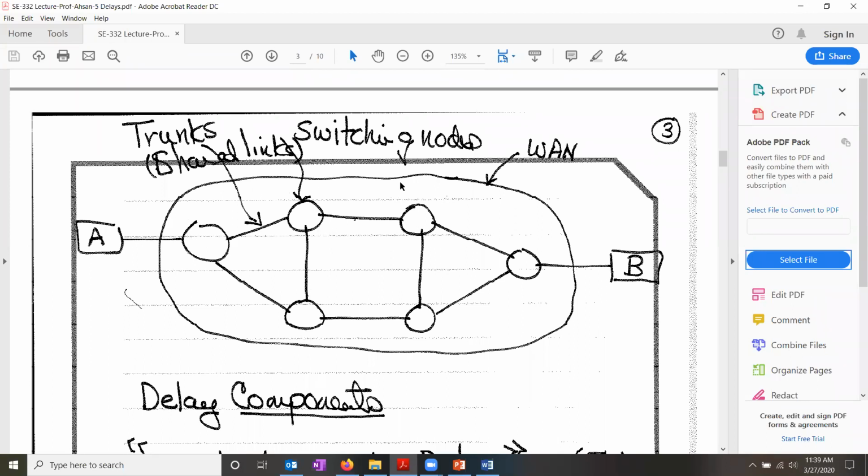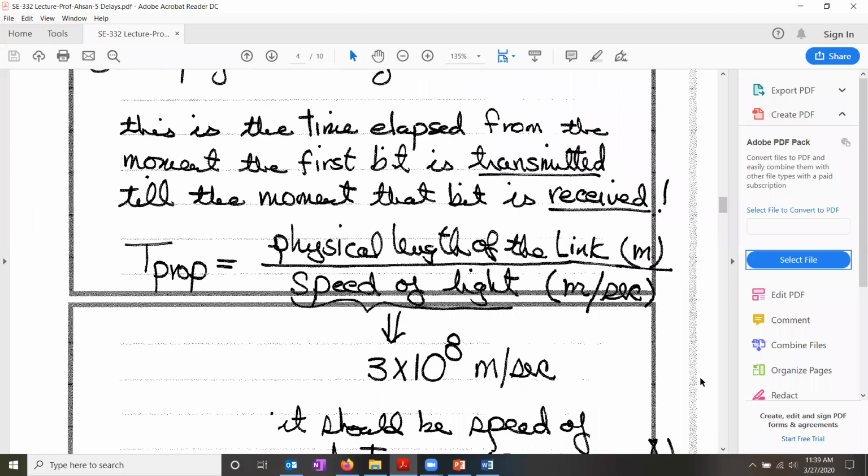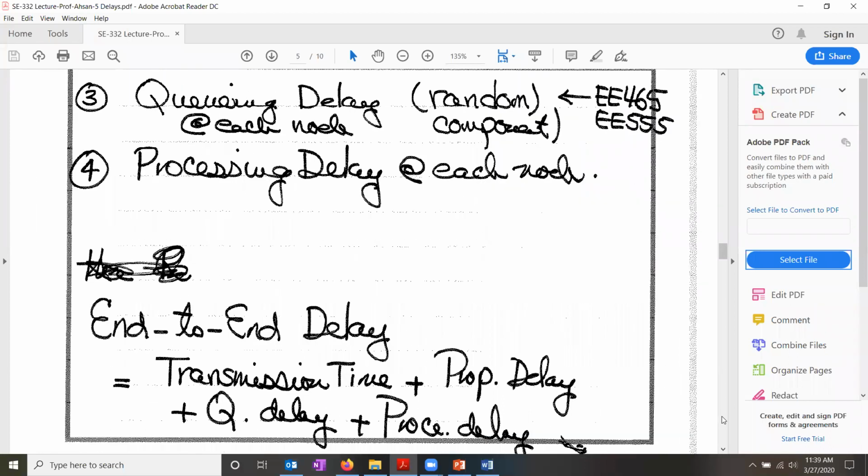So the time the packet spends in these buffers, in those lines, those queues, is the keying time or the keying delay. And when those packets come to the router to be processed and the router's processor processes these packets, the time used to process these packets is the processing delay. So these are the two delays, the keying delay and processing delay at every node.